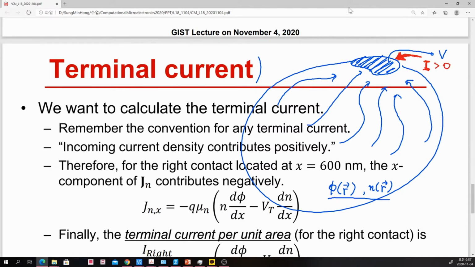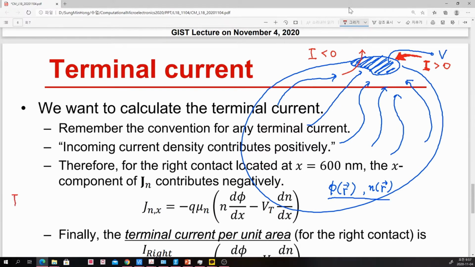And if you have a certain current escaping from your device, then the terminal current should be regarded as negative. So this is quite an important convention in my opinion. So please accept it. If you accept it, then we can write it down in this way.